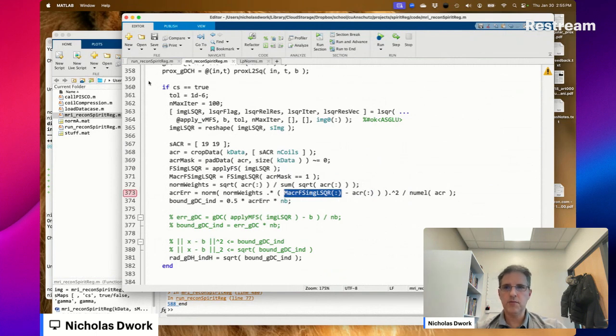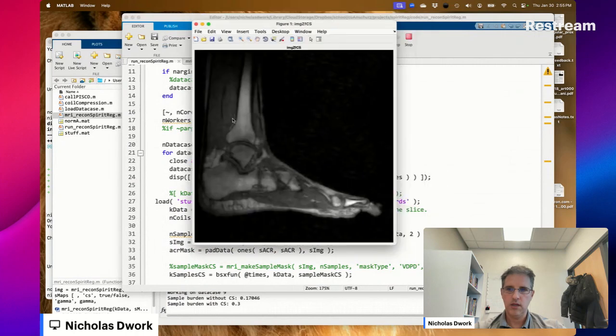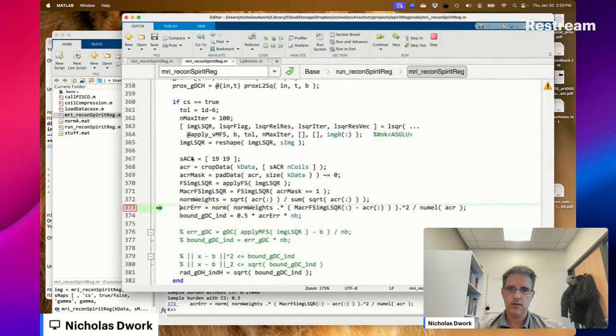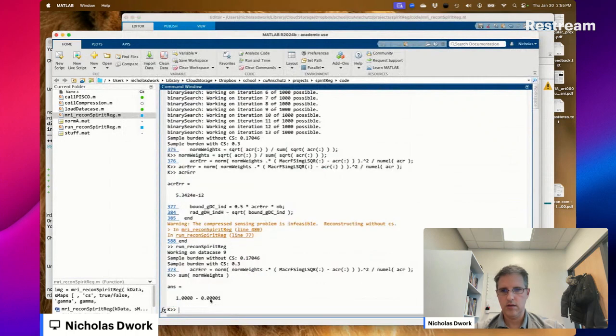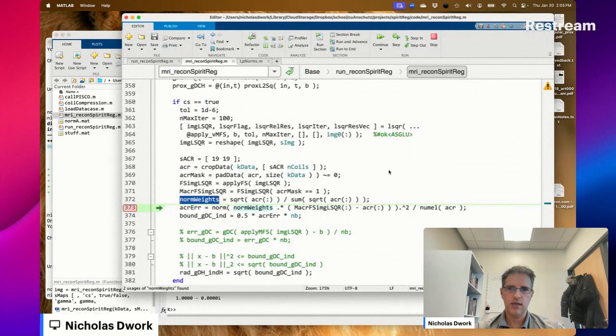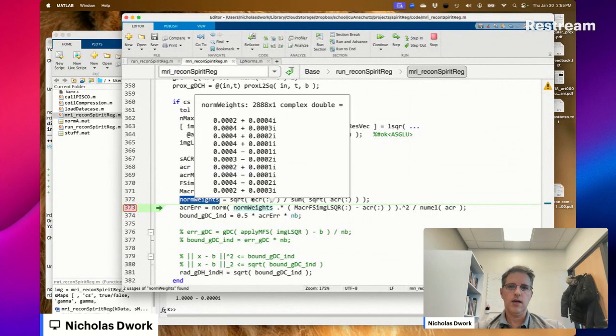The sum of the norm weights should be 1. And it is.